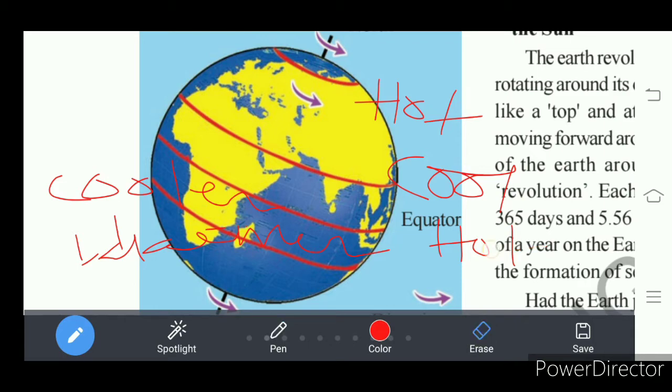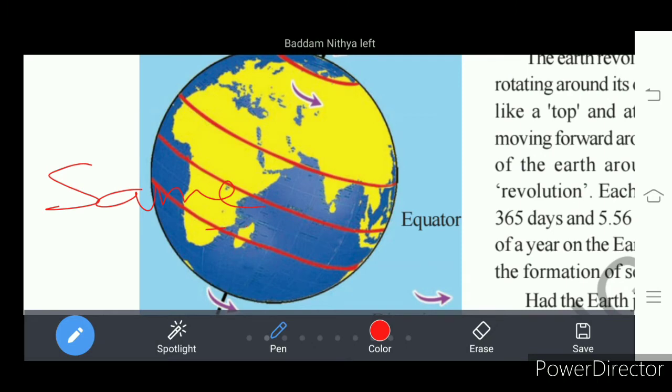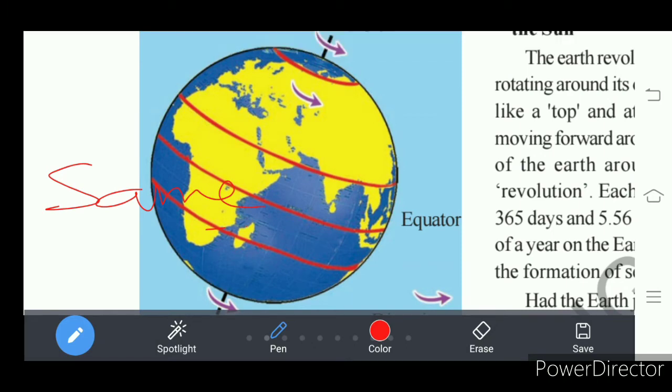That means the temperature on the earth's surface is not uniform. What is meant by uniform? Not same on all the places. Is the temperature same on all the places?